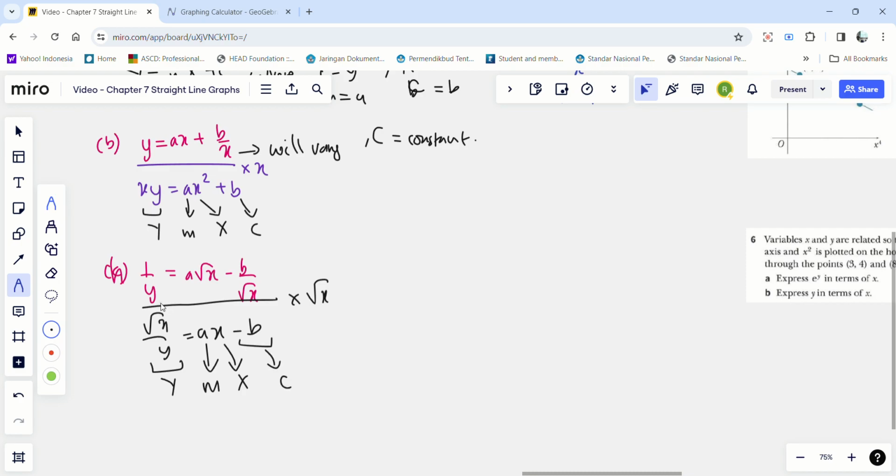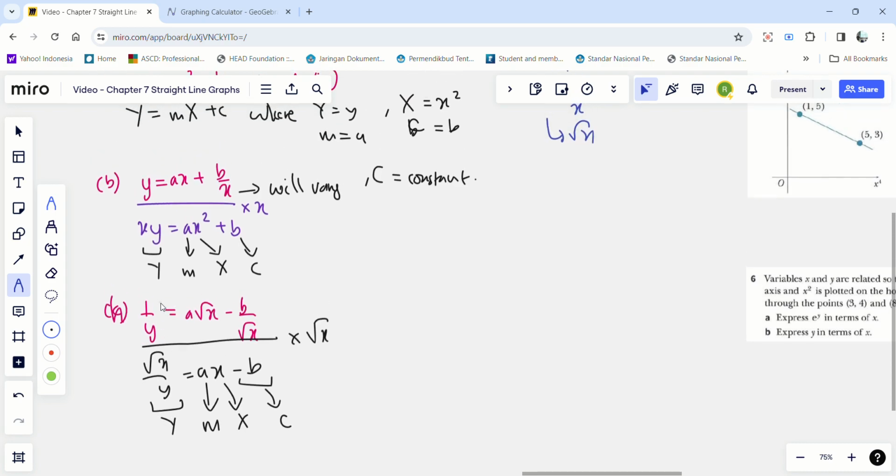Your friends or others may get different answers compared to us. For example, there might be another idea: why don't we just omit the square root of x here instead of multiplying by the square root of x? That's possible. Instead, let me write it down real quick: we divide by the square root of x.